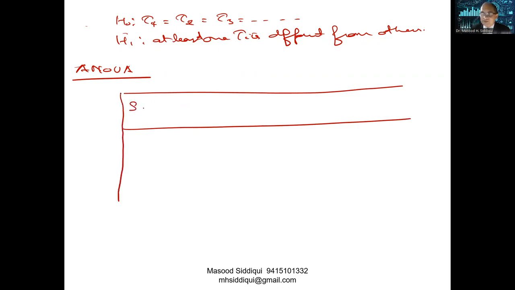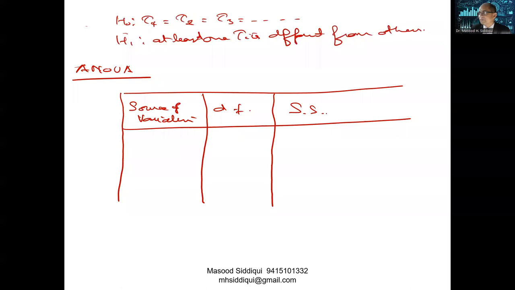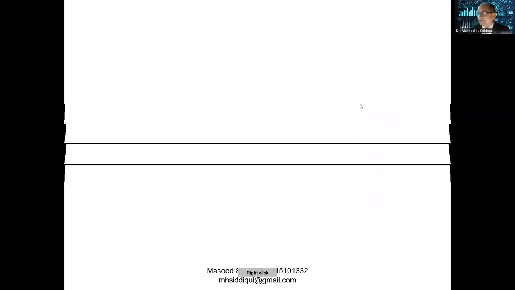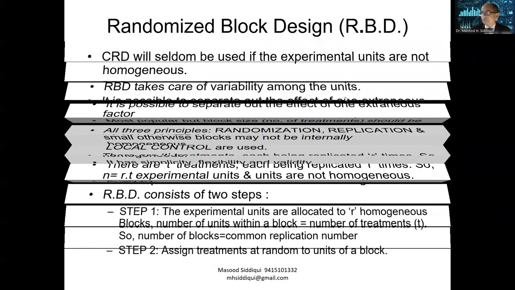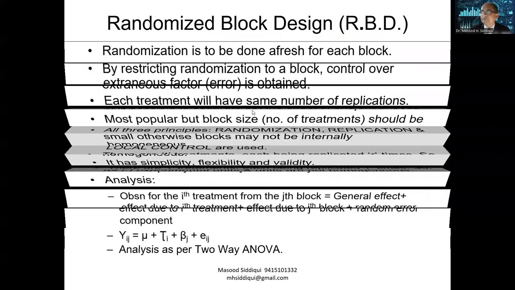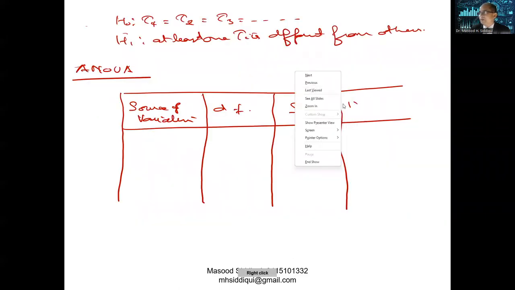The first column is the source of variation. The next one is the degrees of freedom. The next column is sum of squares, and then we have mean sum of squares.